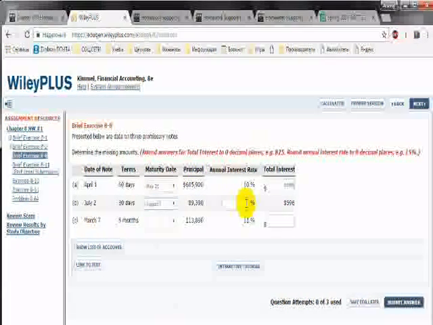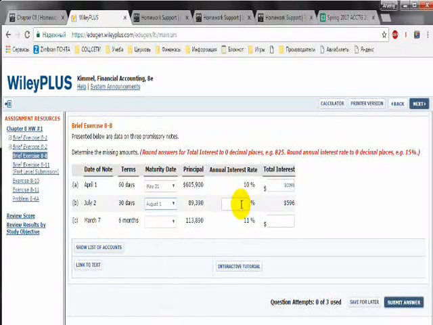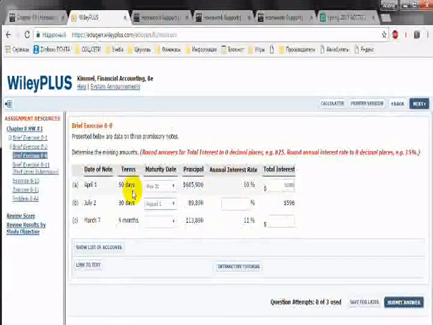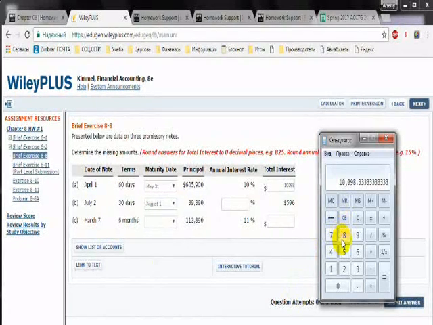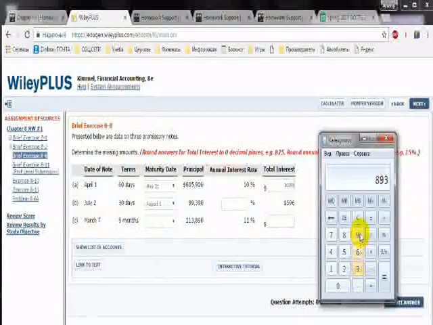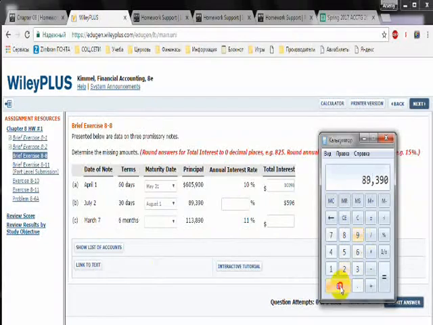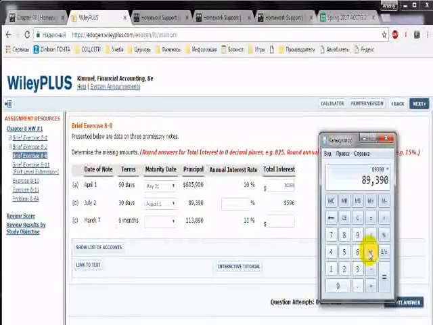Here the task is a little bit different: to find out the annual interest rate. How will we do that? We will calculate principal times terms, and then we will divide total interest by all that composition. First of all, 89,390 times 30 days.